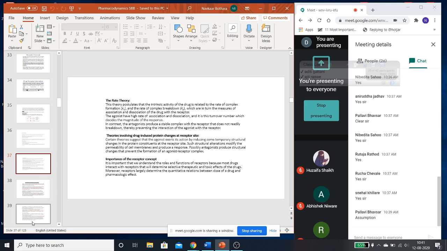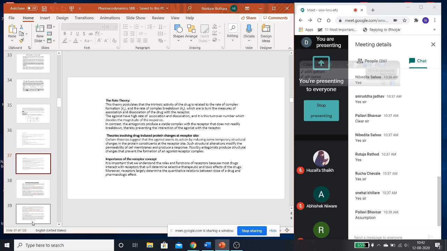So every time there is association and dissociation, the action will be there. Agonists have a high rate of association and dissociation, and they possess intrinsic activity or efficacy also, and therefore the turnover number decides the magnitude of the response.